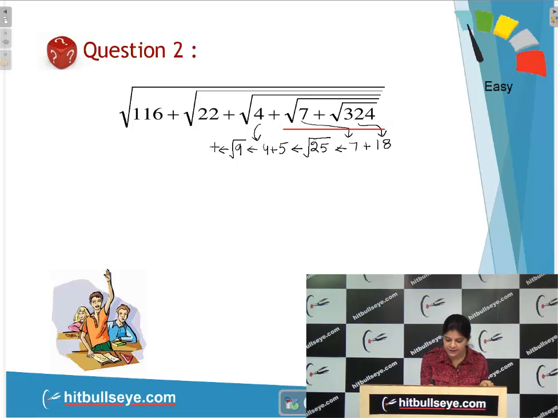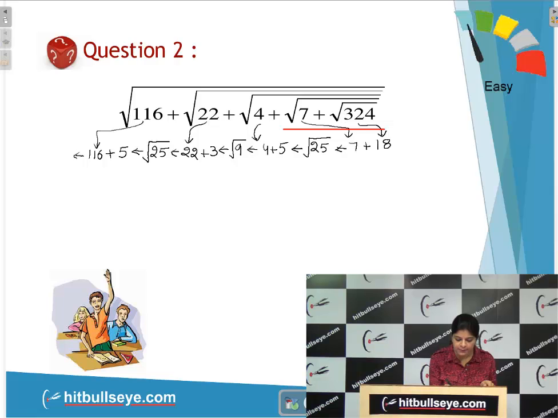The result is 3. Then we pick up this 22, add with this 3. The result is 25. And then we take the root of 25. The result is 5. And in the last step, we add the number 116.